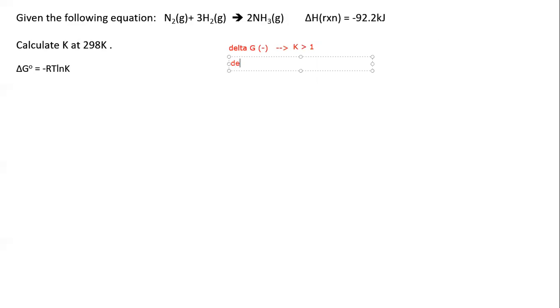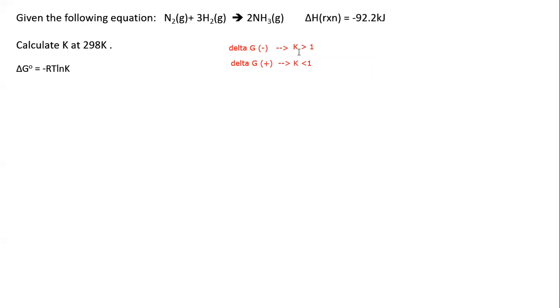If delta G is positive, then K is going to be less than 1, meaning it's non-spontaneous. If K is less than 1, it means there's more reactant than product at equilibrium. So based on the value of delta G, we should have some understanding of what K should be.